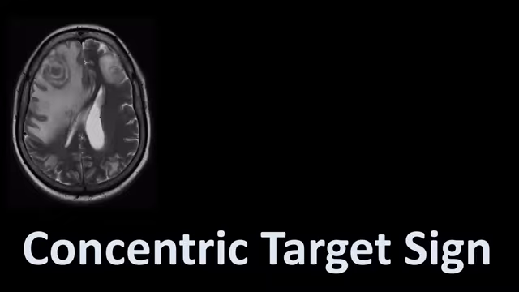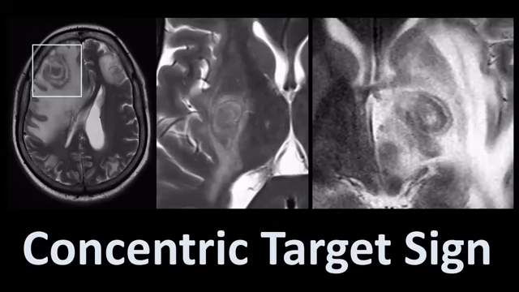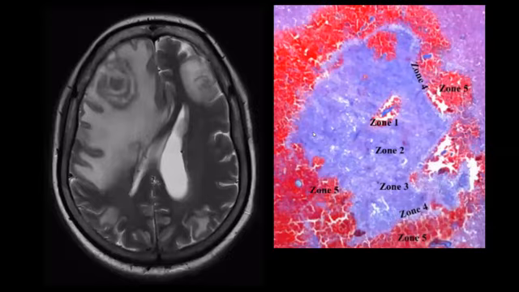But keep in mind that toxoplasmosis is an infection that is rarely encountered in immunocompetent patients, so it's typically seen in immunodepressed patients and then HIV patients. So if you see that sign in an HIV patient, I immediately say, oh, this is going to be toxoplasmosis, especially if the patient also has the concentric target sign, which is a sign described on T2 weighted images, consisting of these alternating T2 hyper and hypointense rings.